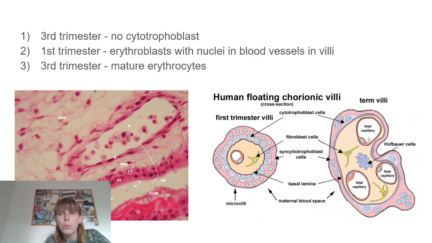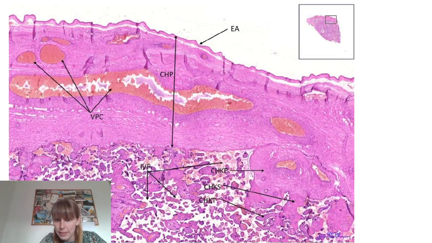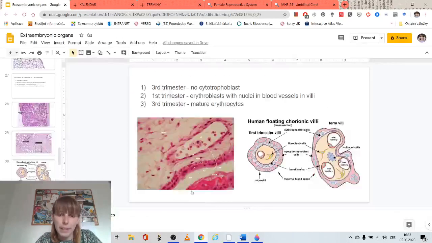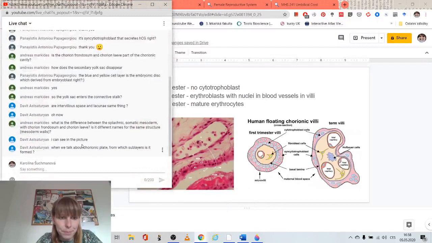And when it's the third trimester placenta, you will already see normal red blood cells that we are used to in all the other slides that are from adults. So this is the overview of the differences, how to tell between first trimester placenta and third trimester placenta.